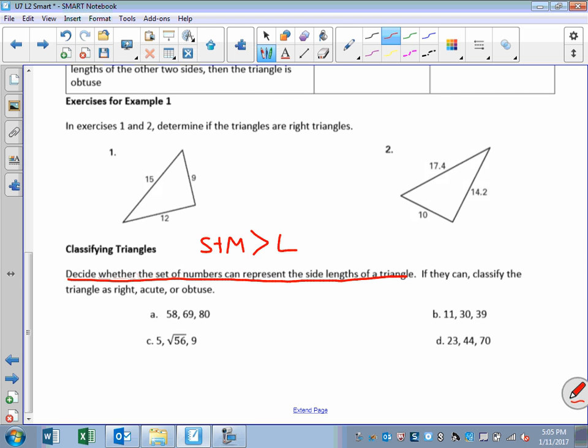We're going to get 58 squared, which I'll do in red, and that is equal to 3,364. 69 squared, that one in green, is equal to 4,761.